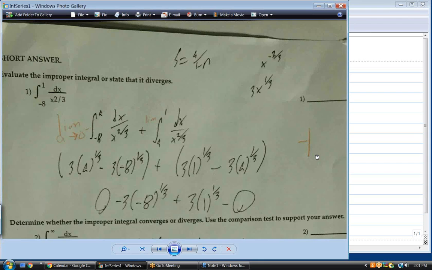When I said don't use limits and use infinity, that was a little different problem than this one. This one has a problem because you can't go from -8 to 1 on a continuous function. There's an asymptote at 0.